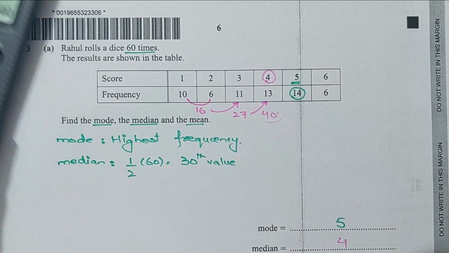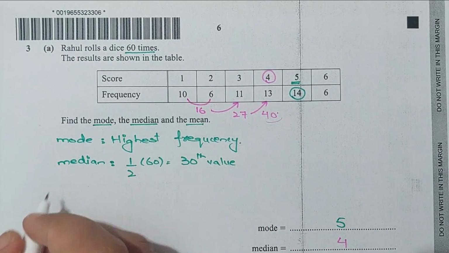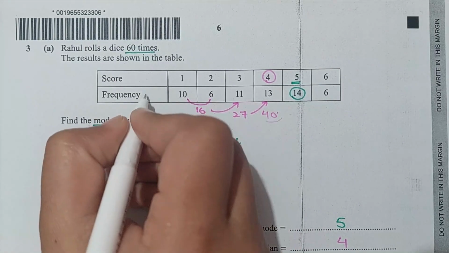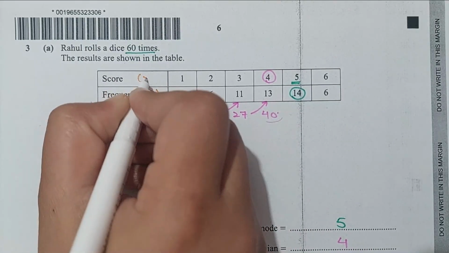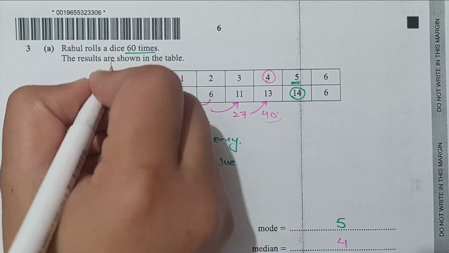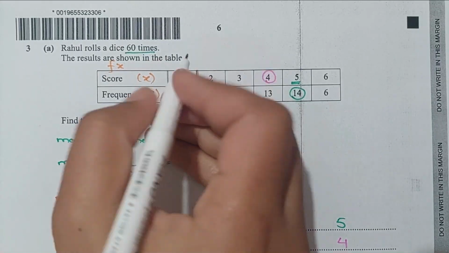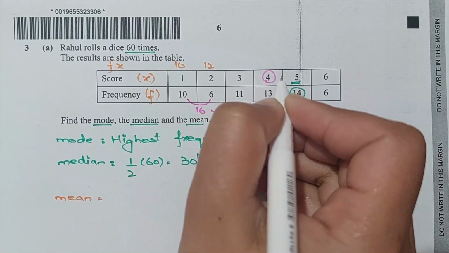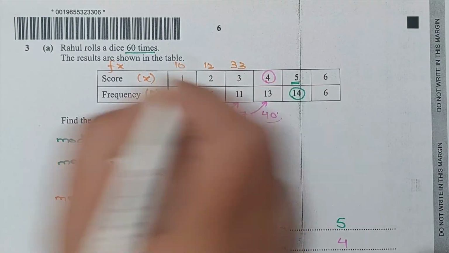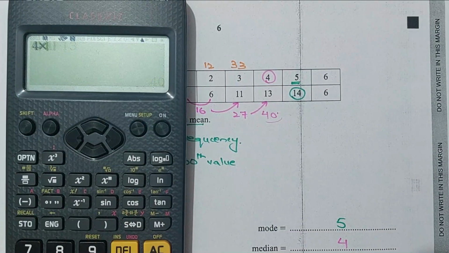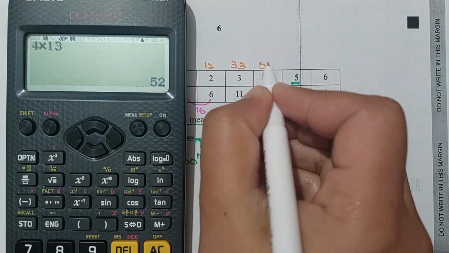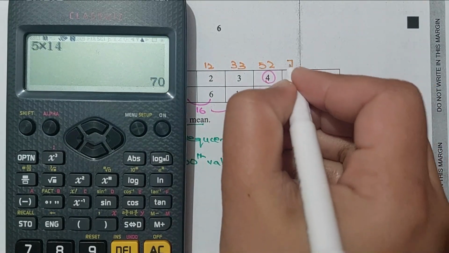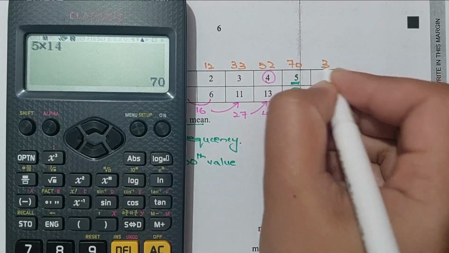All right, the next one is the mean. Mean is the sum of fx divided by the total. This is f, this is x. What is fx? The product. 1 times 10 is 10. 2 times 6 is 12. 3 times 11 is 33. 4 times 13 is 52. 5 times 14 is 70. 6 times 6 is 36.